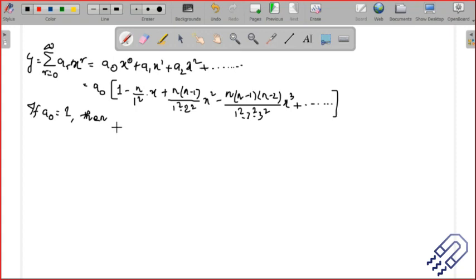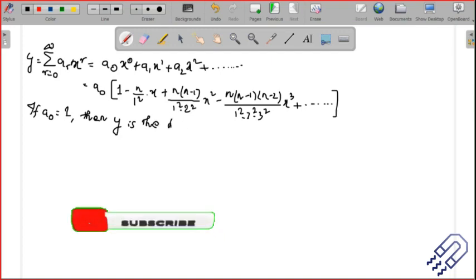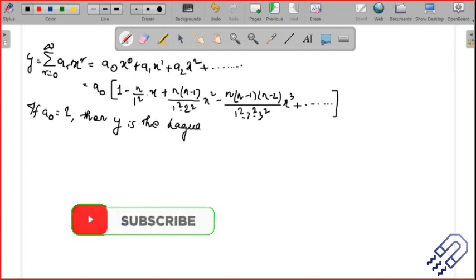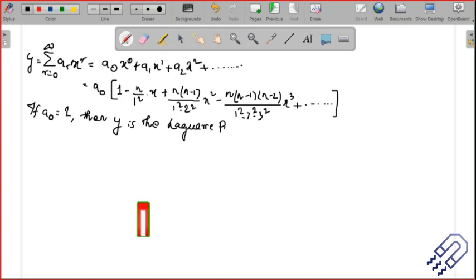This y is known as the Laguerre polynomial. So this polynomial is denoted as L_n(x), and a naught is 1, so we'll take it as 1 minus, and yesterday also we did a similar technique. Let's try doing this again.